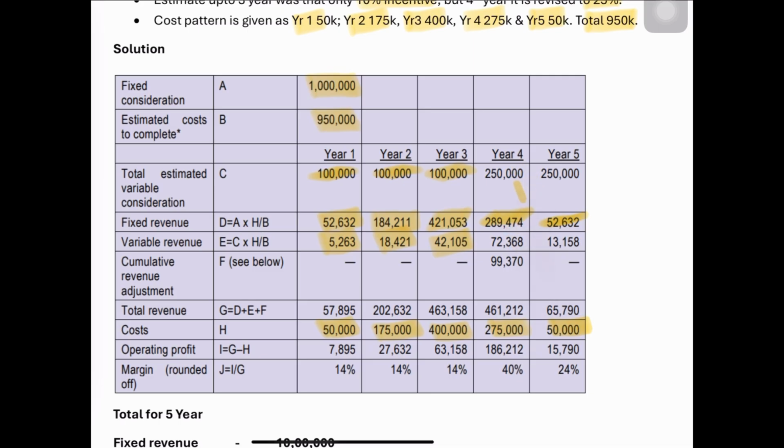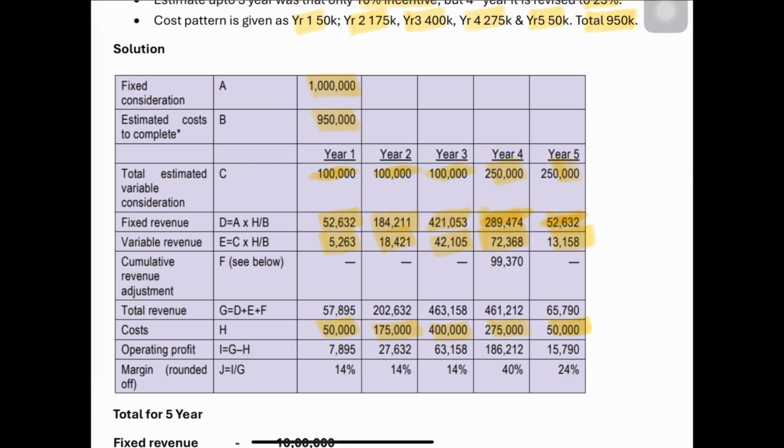So here is how the 250,000 is allocated, using the same formula.